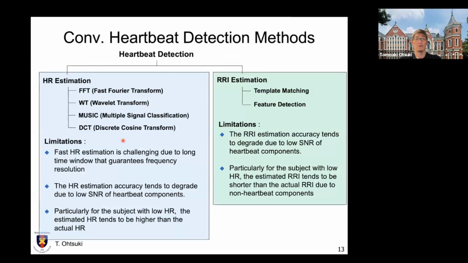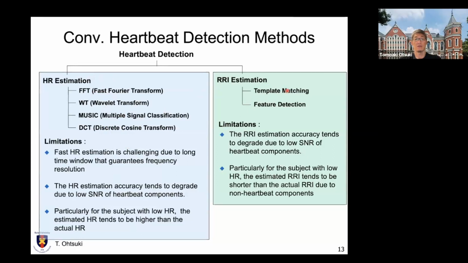There are many techniques to detect the heartbeat or also the respiration using traditional signal processing, like heart rate estimation, FFT, wavelet transform, MUSIC algorithm, DCT, and so on. And if we focus on the RRI, in addition to these techniques, template matching and feature detection also exist.